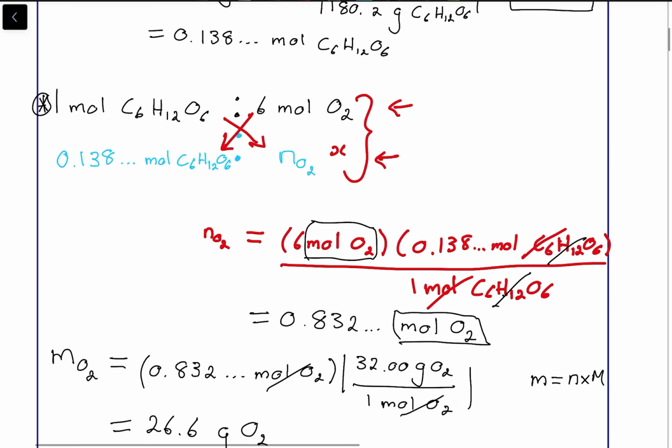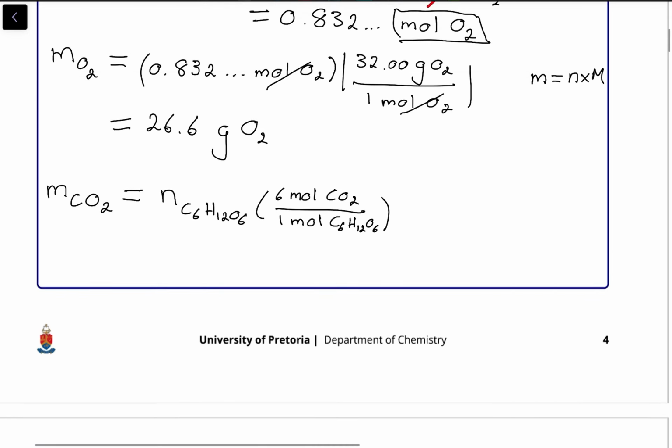But if you struggle, you can also write it out for yourself, and then you get to this point, right? Because you will see it cancels out. So if you need to write it out, write it out. And then the final step is to multiply it with the molar mass of CO2.